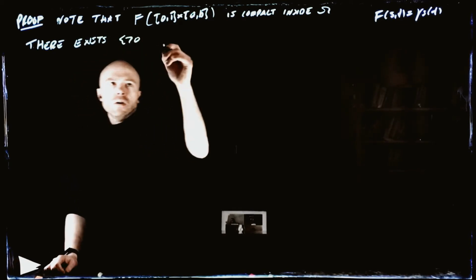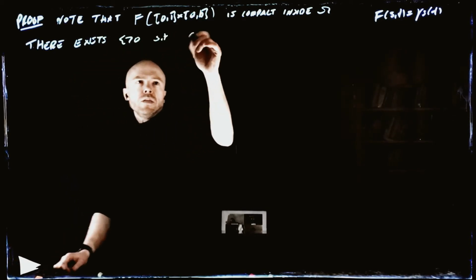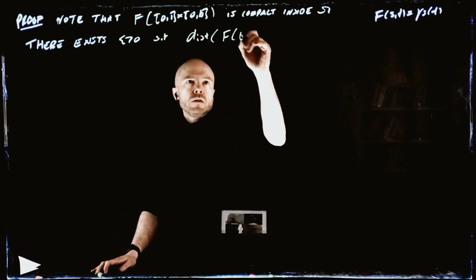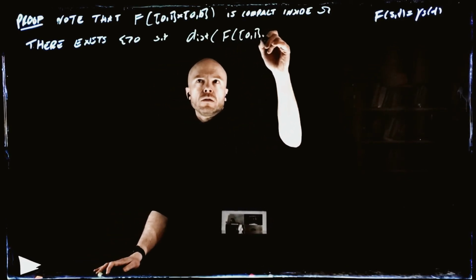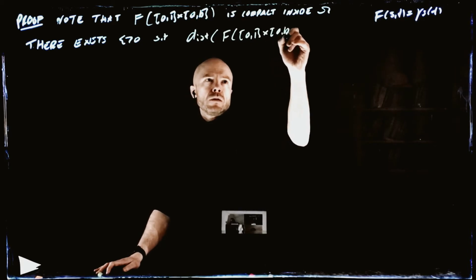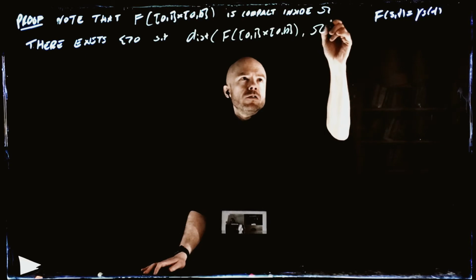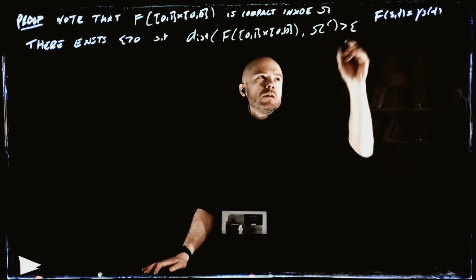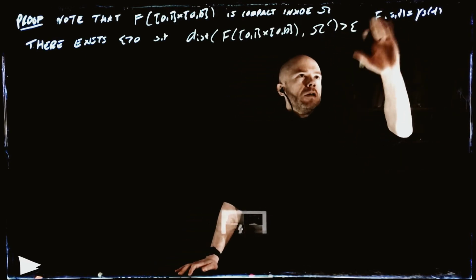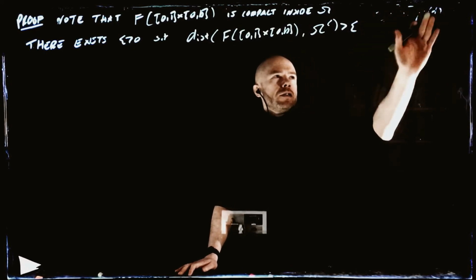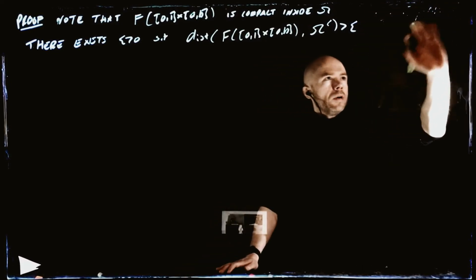So there exists epsilon bigger than 0, such that the distance between this thing and the complement of omega is bigger than epsilon. I'll erase this now. This is this basic topological property we've talked about, used several times.